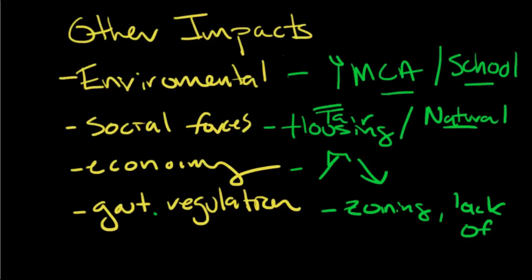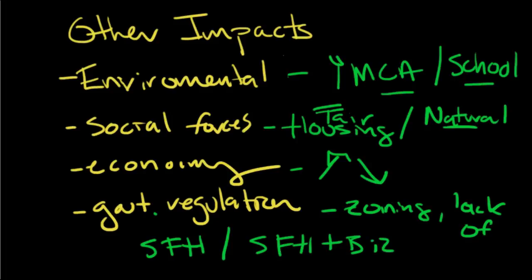So before it was a single family home and now it's a single family home plus business zone. So that could affect the value. So there's a wide range of topics that go into this, other aspects that aren't necessarily economic principles of value, but certainly affect the values. The amenities in the area are another good one. That's what I kind of wanted to drive home when I said environmental aspects.